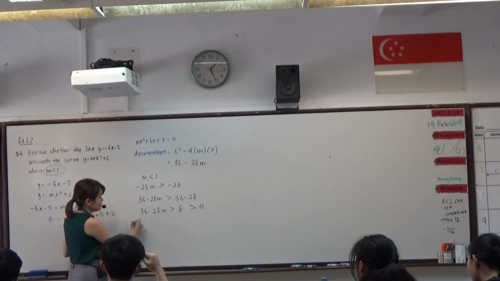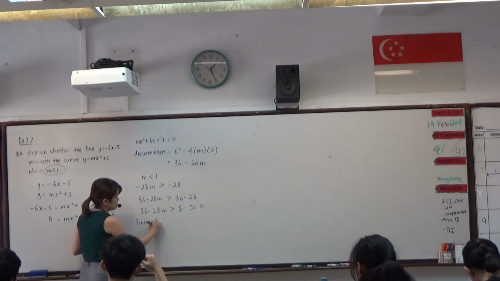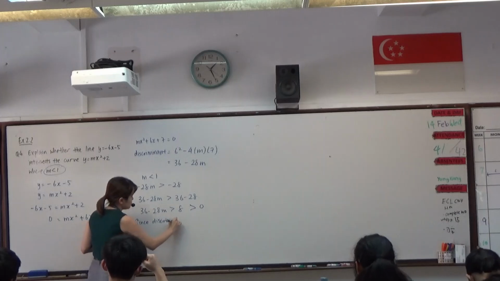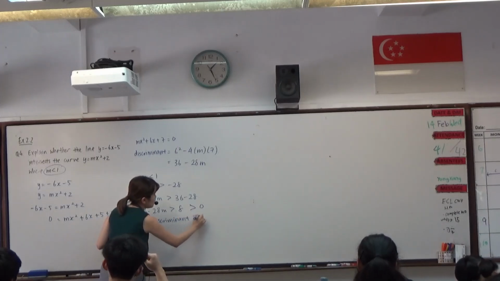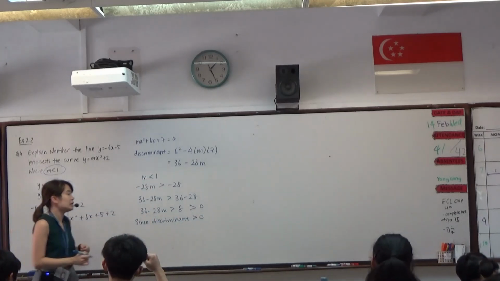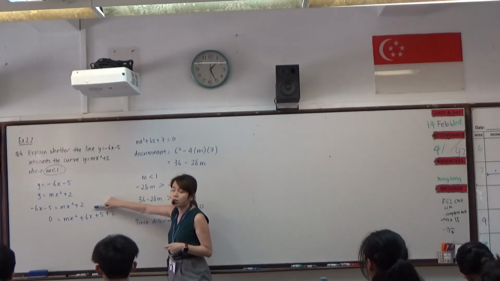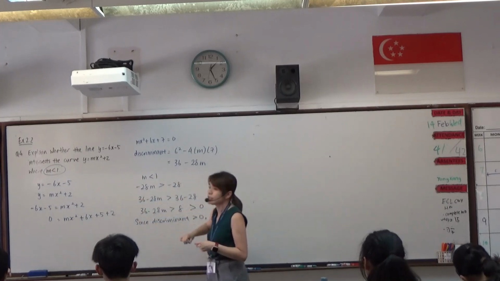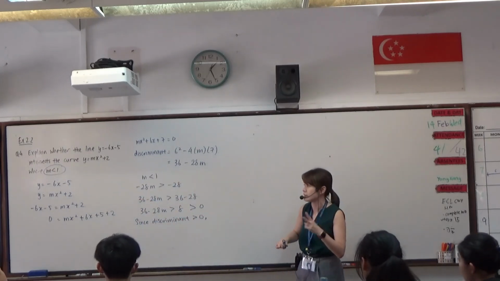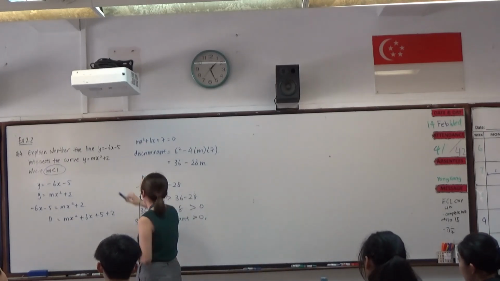Since the discriminant is surely more than 0, we can say that there are solutions to this equation, which means that there are intersections, in fact 2 intersection points, between the line and the curve.